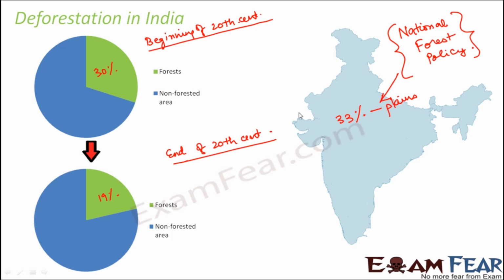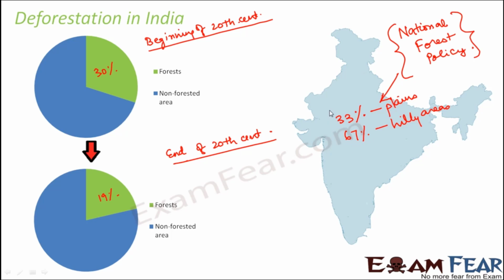And for the hilly areas where you have a lot of hills, like in India, if you look at states like Himachal Pradesh, if you look at Kashmir, there you have more hilly areas. So for these kinds of hilly areas, what should be the amount of forest cover? That should be 67%.